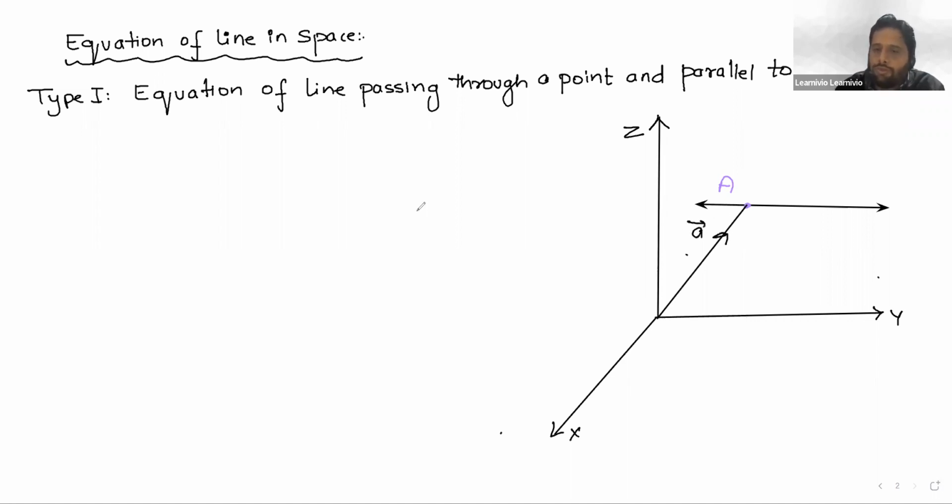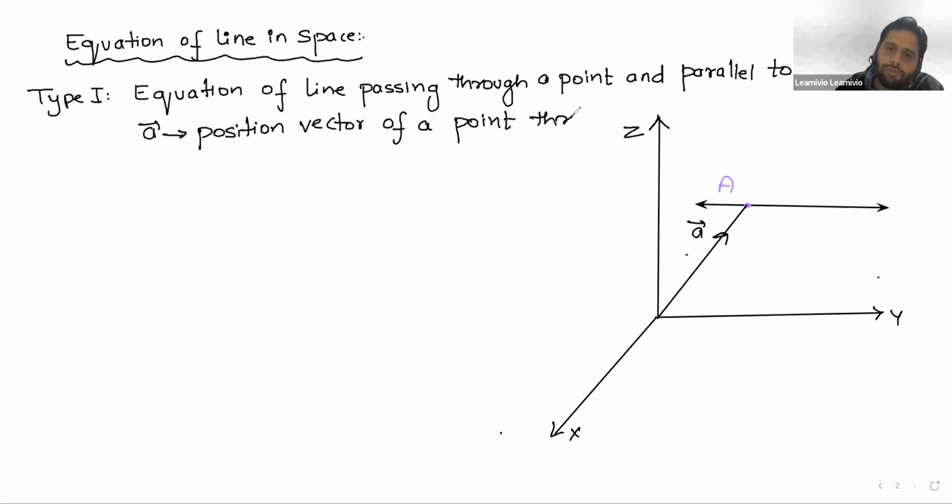You all know what a position vector is. Here, a is the position vector of a point through which the line is passing.